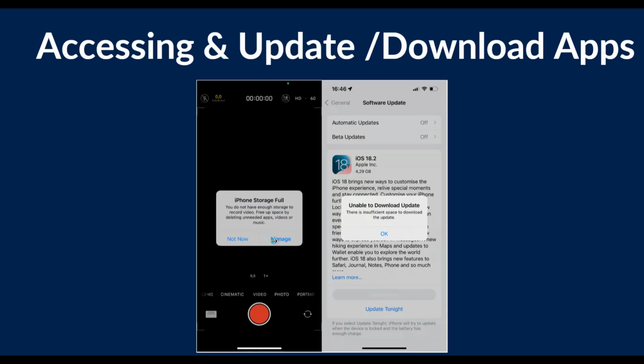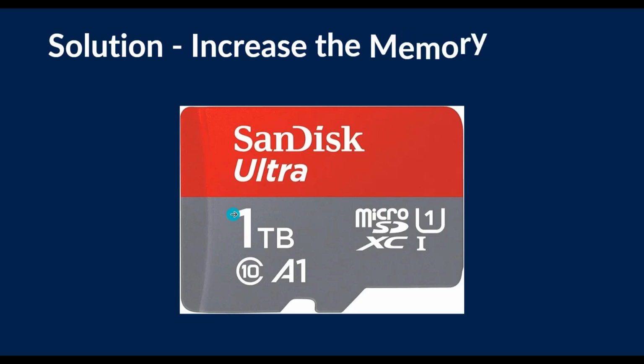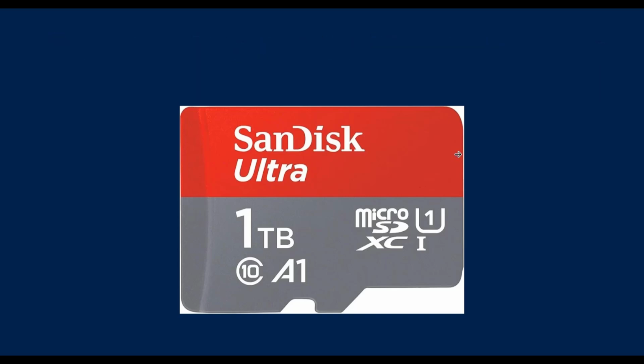What is the solution for this? We need to increase the memory size, or we can purchase Google Cloud or some other cloud storage. Otherwise, we can increase the memory by inserting memory cards into the mobile.